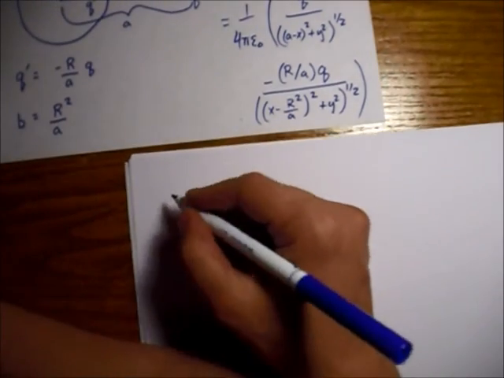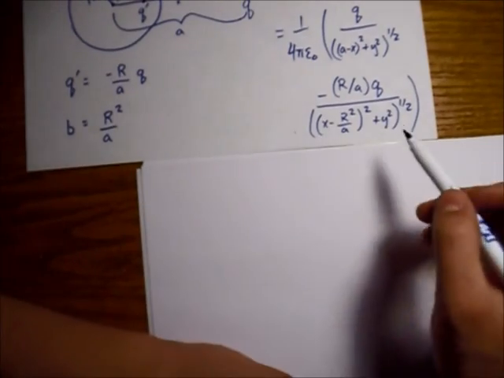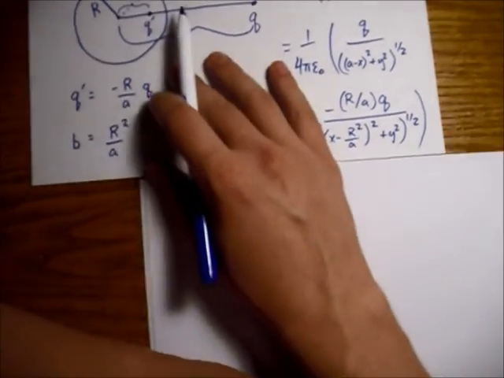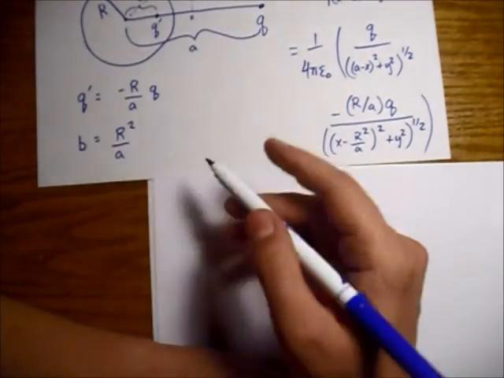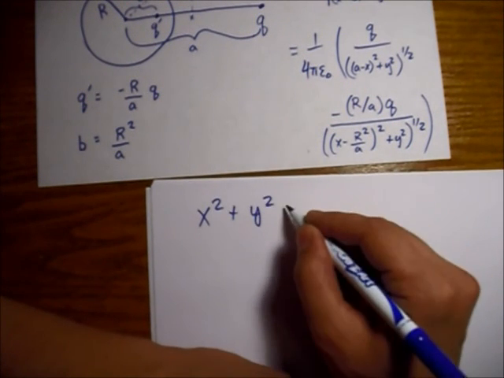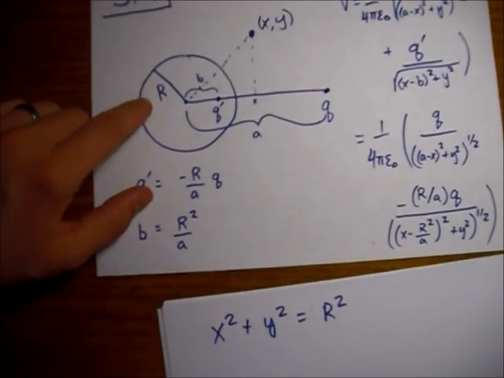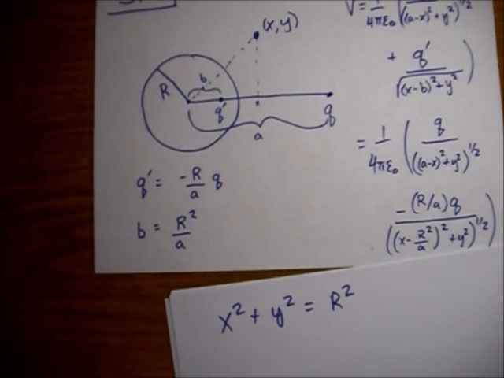And hopefully this is still worth the time it takes to do this. So for the condition of being on the sphere, we know that x squared plus y squared is equal to r squared, big R being the radius of this shell again.